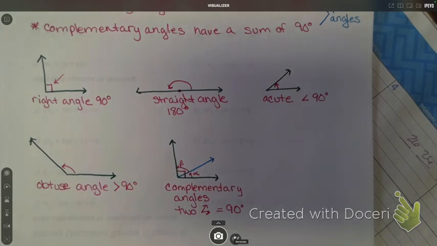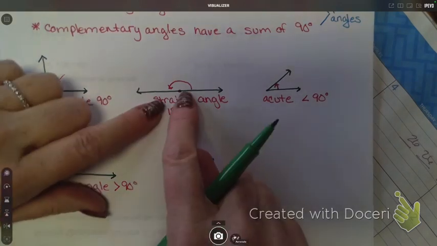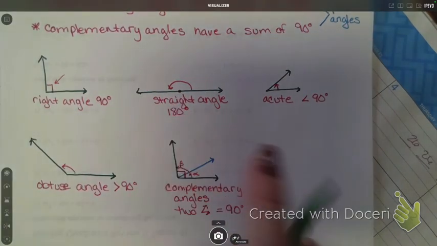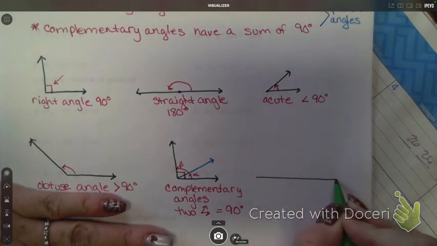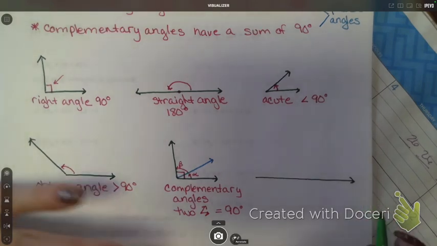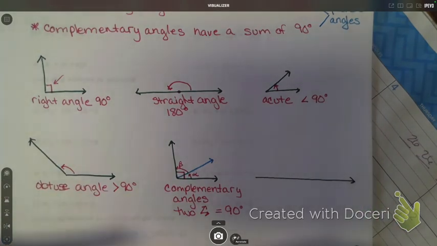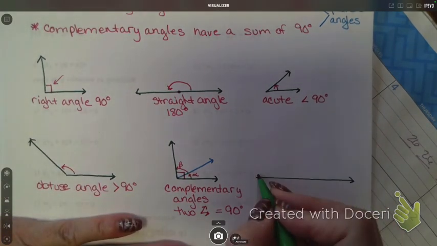Okay, how would I draw supplementary? 2 angles are equal. So I do a straight angle and divide it, like draw another angle, right? You can put like 2 90s. You could put 2 90s, but then your brain would think it always has to be 2 90s. Does that make sense?